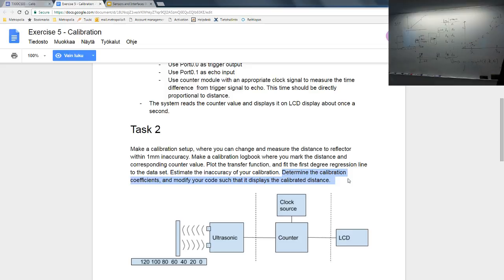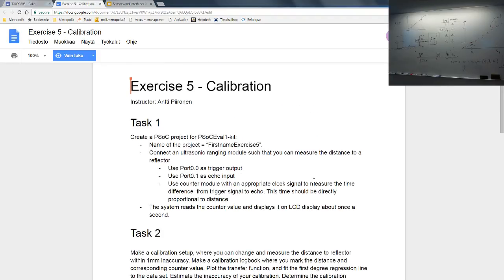Maybe. Okay. And then modify your code so that it displays the calibrated distance. So that's the whole fifth exercise. You have the sensors and you have the PSOC systems. All right. So that's the story of the calibration.